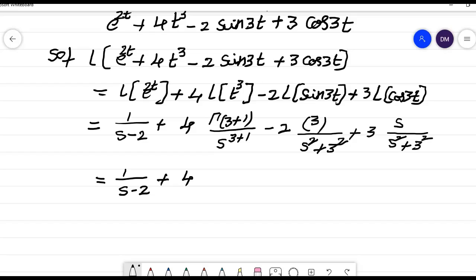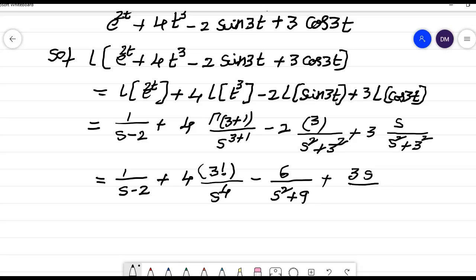If n is a non-negative integer, gamma of n plus 1 can be written as n factorial. n factorial means 3 factorial by s power 3 plus 1 is 4, minus 2 into 3 is 6 by s square plus 9, plus 3s by s square plus 9.